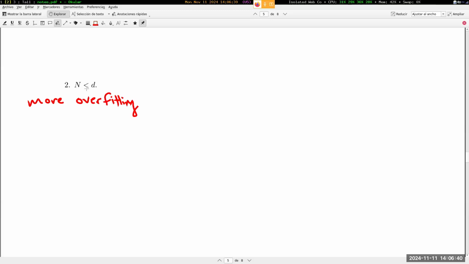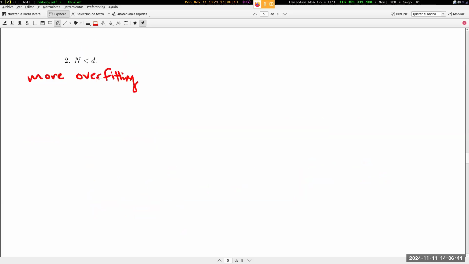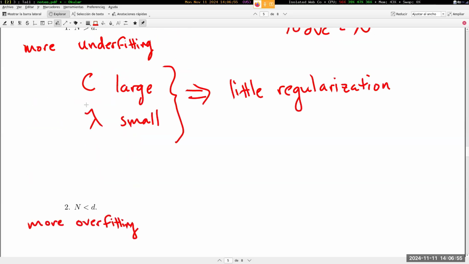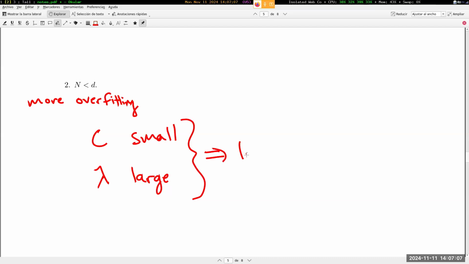We're probably able to shatter this data set with a linear classifier, logistic regression, and so we need to control the capacity of our model somehow. So C will be small, or lambda large equivalently, because they're reciprocals of each other. Those are equivalent to saying lots of regularization.